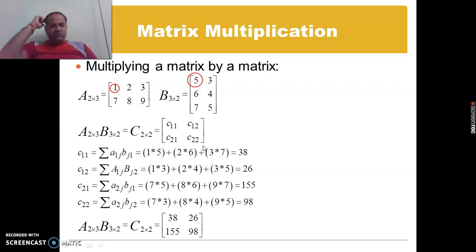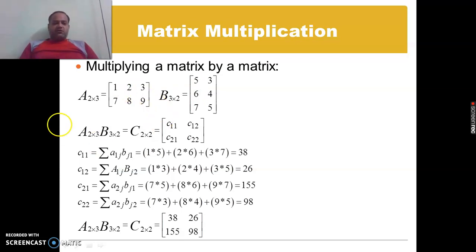How does matrix multiplication occur? Multiplying matrix by matrix, we have to multiply 1 by 5, 2 by 6 and 3 by 7.